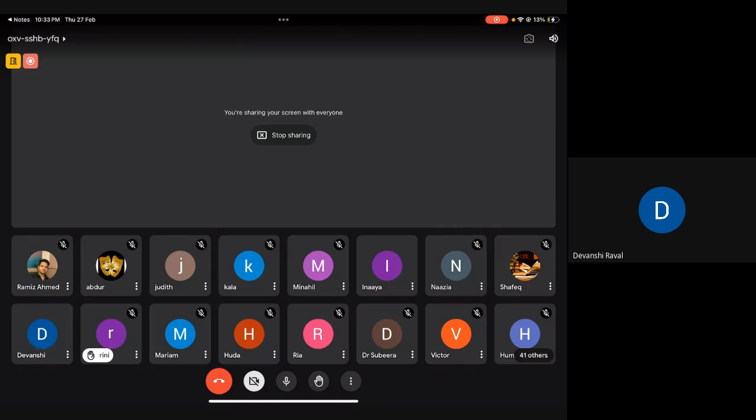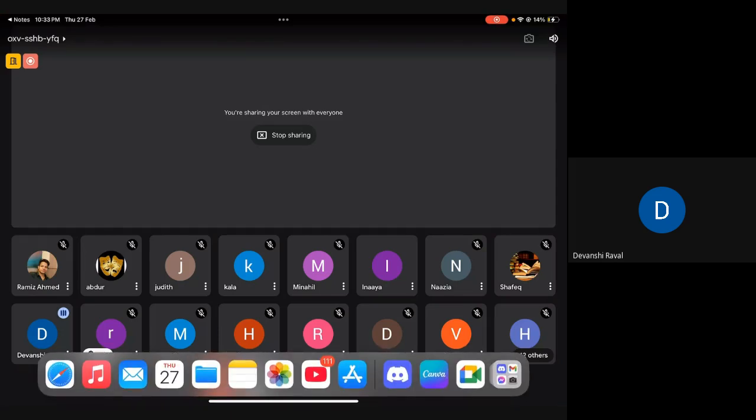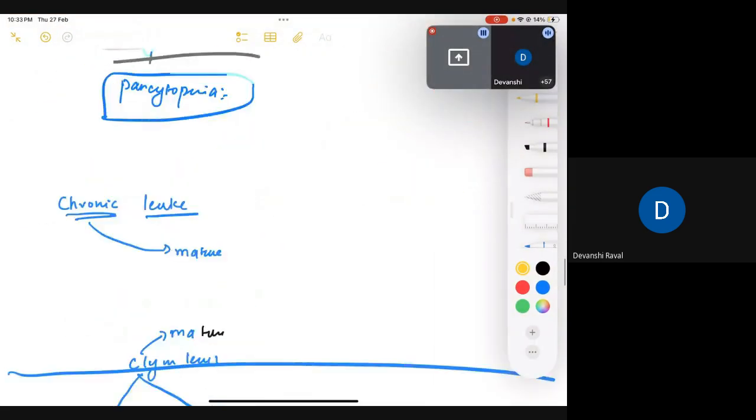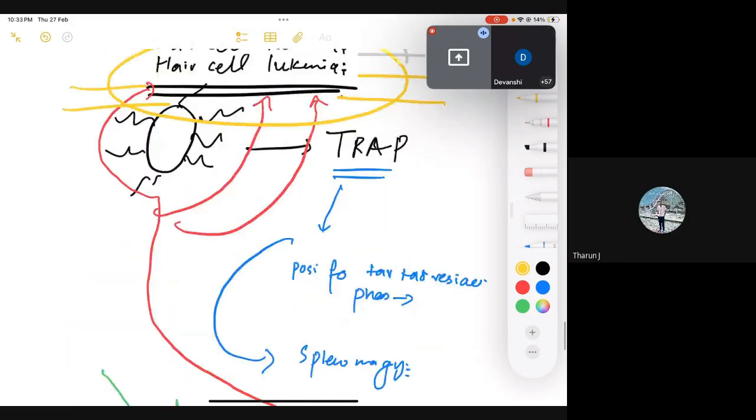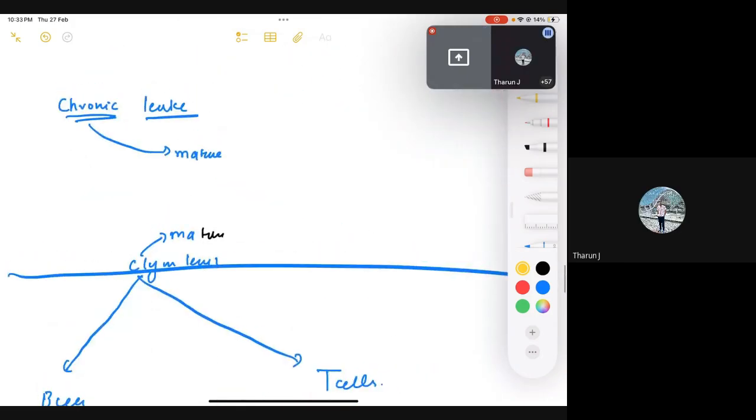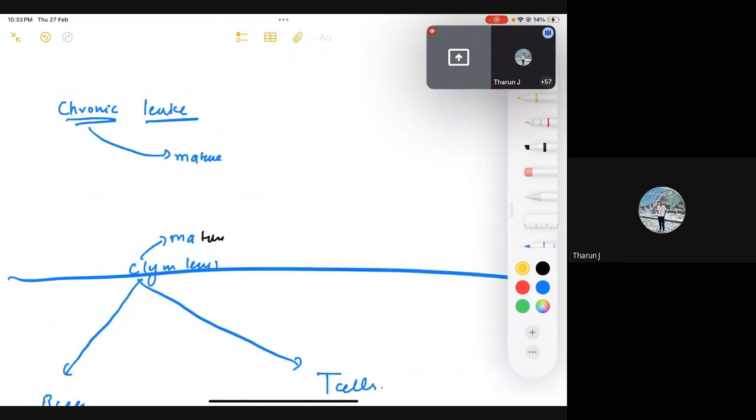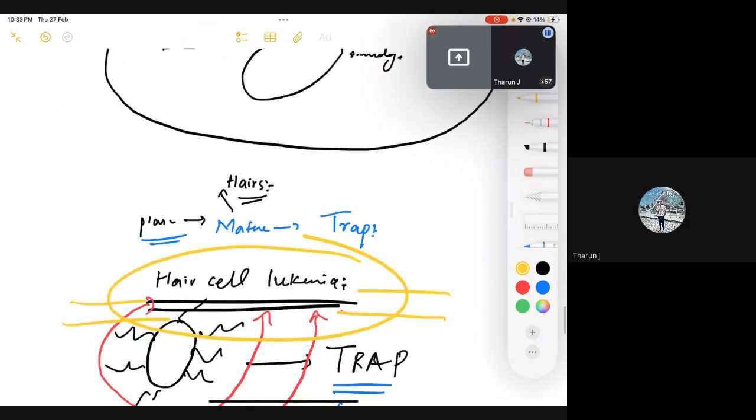My question is, you wrote CLL, but while speaking, you said the chronic lymphoid lineage is termed chronic myelocytic leukemia. So I got confused. When did I say that? I guess he just said it by mistake, but CML is myeloid and CLL is lymphoid.